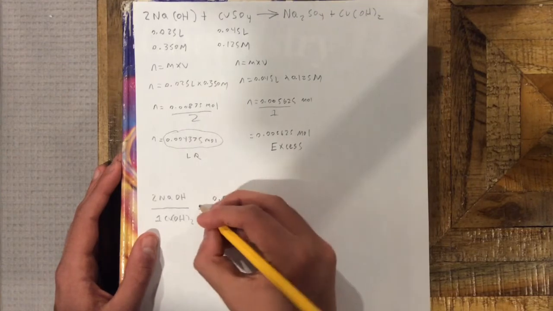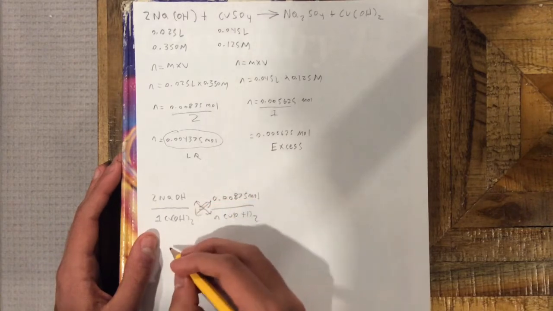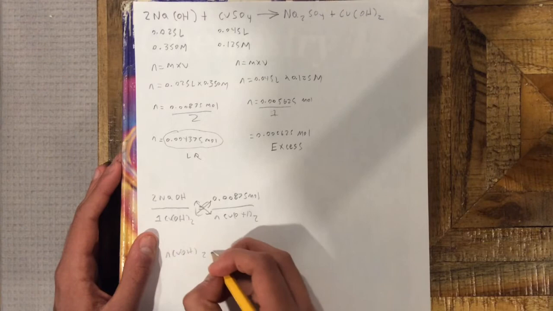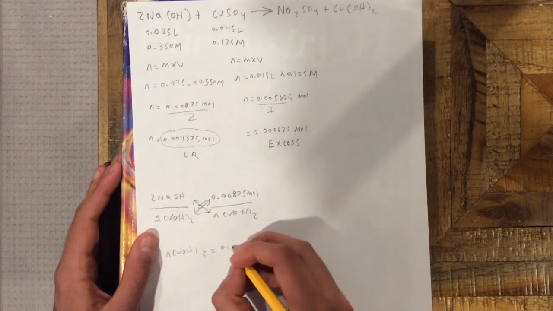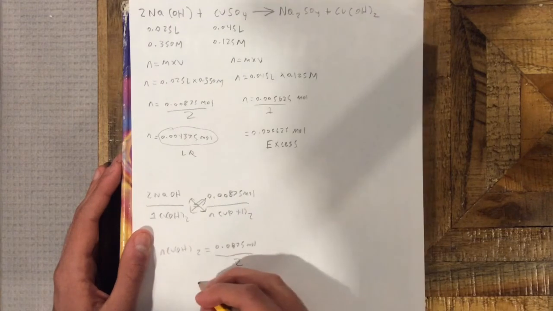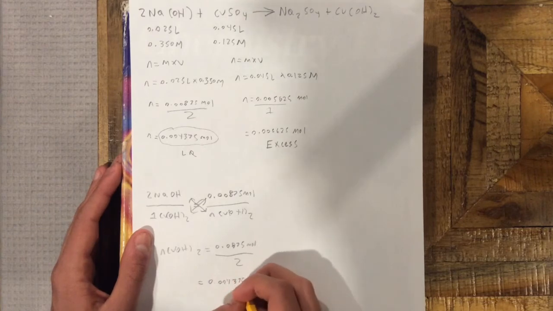So then we cross multiply, and we find out that the number of moles of Cu(OH)2 is equal to 0.0875 divided by 2, and so we get the number of moles equal to 0.004375.